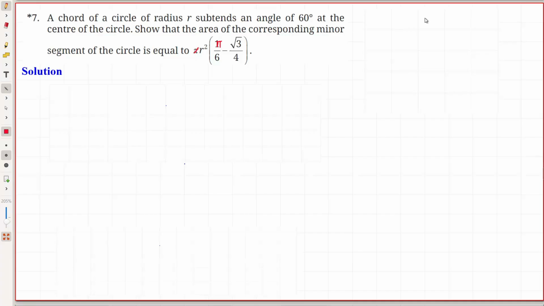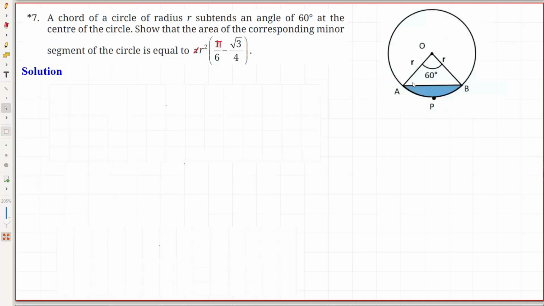How can we proceed? First, we'll go with the diagram. This is the diagram: a circle with radius r and an angle of 60 degrees subtended at the center. They are asking us to find the area of the corresponding minor segment, the blue area.